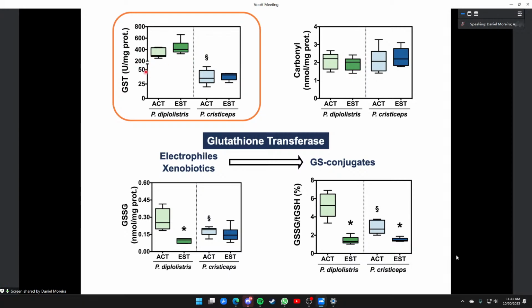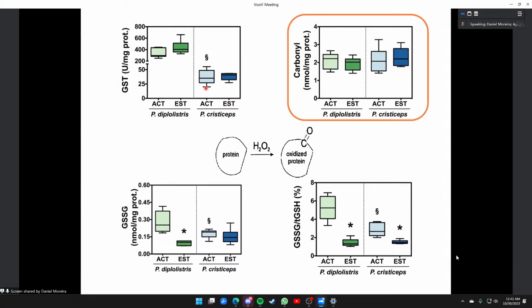There's an axis break here. I hope you can see it. And there is this huge difference in the activity of GST. The degree of protein oxidation was very similar between these two frog species and was not affected by the estivation period.